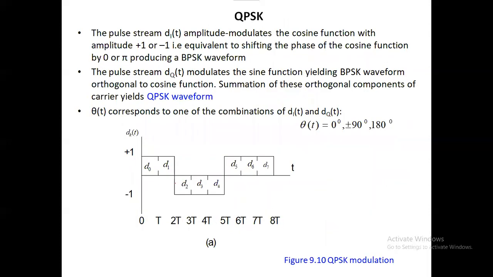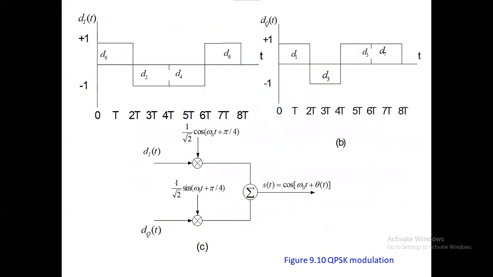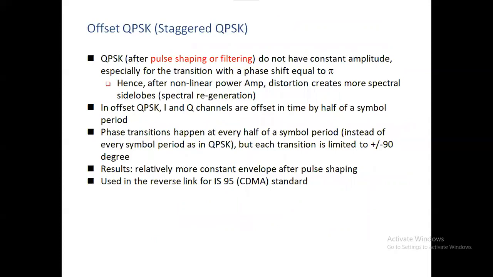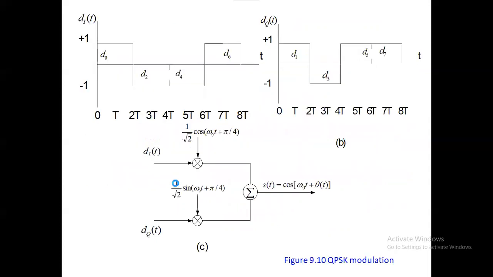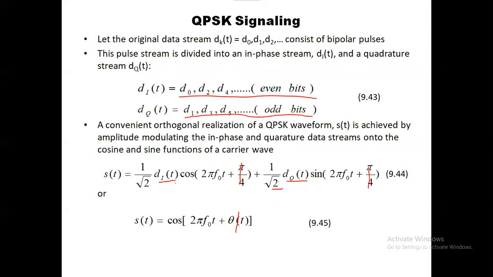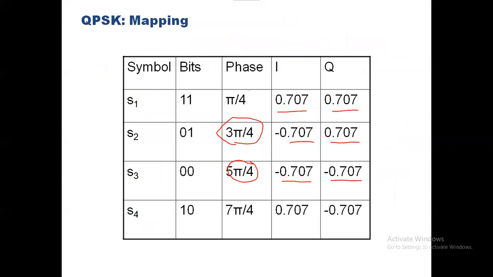Looking at the diagram later on, maybe the diagram is missing here, I can show you later that this will generate a carrier with some offset like pi by 4, 3 pi by 4, minus 7 pi by 4. Because when you scale the bit with this value and generate a carrier, it has the corresponding offset.